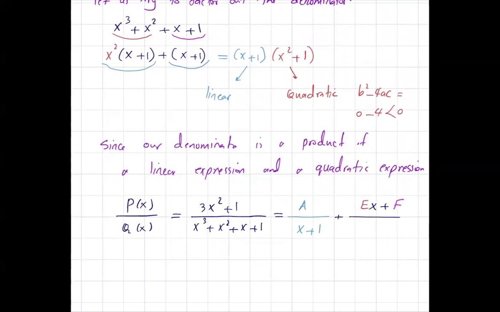Now let me use a different color for this. Very good.